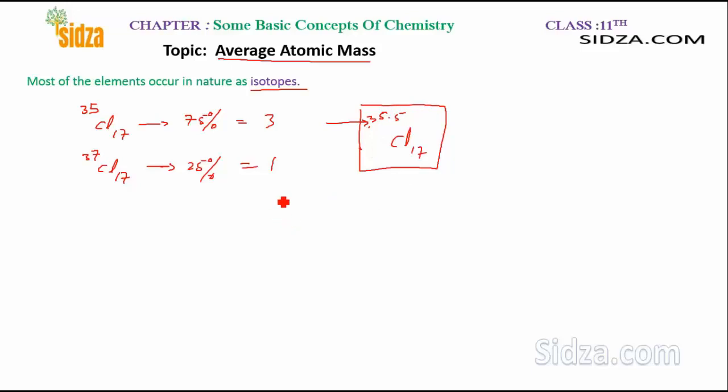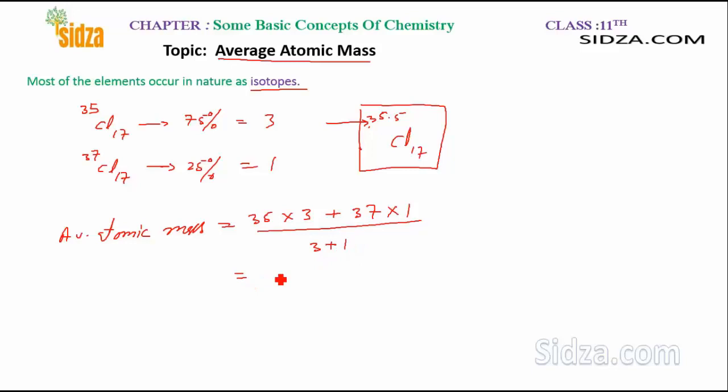How do we calculate the average atomic mass from the percentage? The average atomic mass of an element is equal to the atomic masses of the isotopes, here 35 and 37, in the ratio of 3:1. So I'll write down 35 times 3 plus 37 times 1, divided by 3 plus 1.